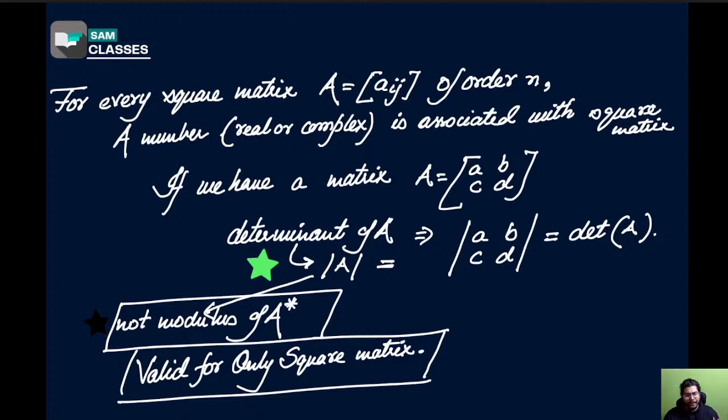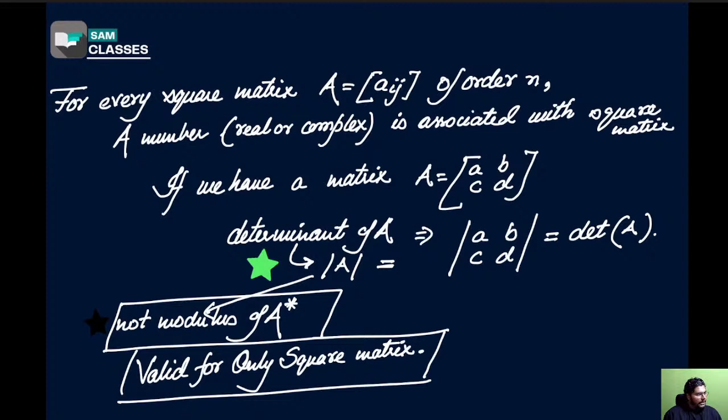It can be complex also. Let's say I'm taking a square matrix and putting complex values 1, omega, omega and omega square. Will I get a real value? No, I'll get a complex value. So always understand the concepts clearly; concepts are very, very important rather than mugging it up. Just mugging it up won't help.